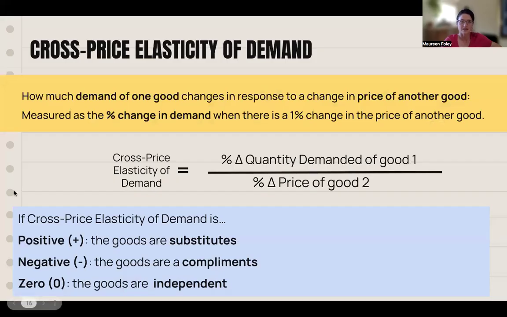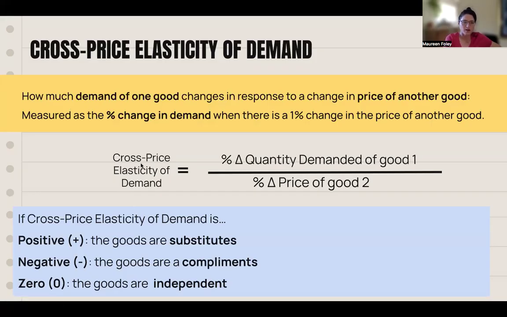Okay, our last type of elasticity of demand is cross-price elasticity of demand. And that's how much the demand for one good changes in response to a change in the price of another good. So this is measured as the percent change in demand when there's a 1% change in the price of another good. That's probably starting to sound pretty familiar now.